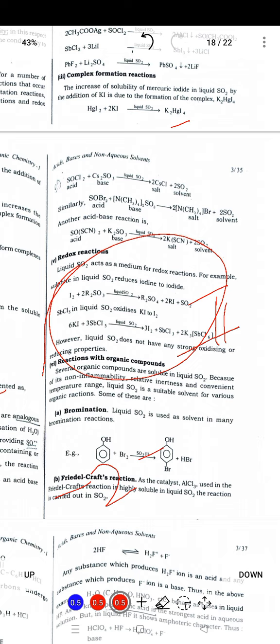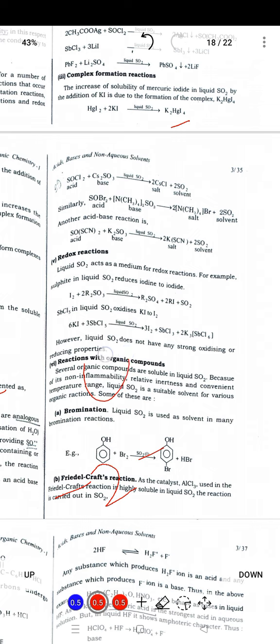Now, reaction with organic compounds. Because of the non-inflammability, relative inertness and convenient temperature, we choose this as a solvent for many organic reactions. Why do we choose it as a solvent for many organic reactions? It's because of the non-inflammability, that is, the chance of catching fire is low.